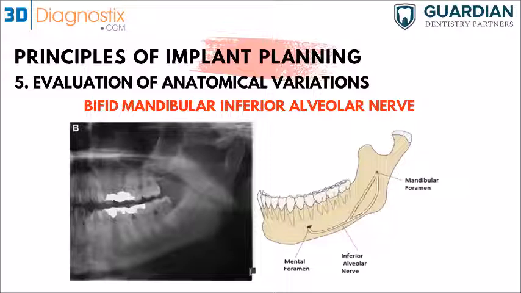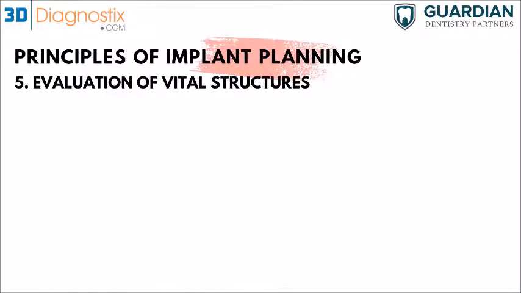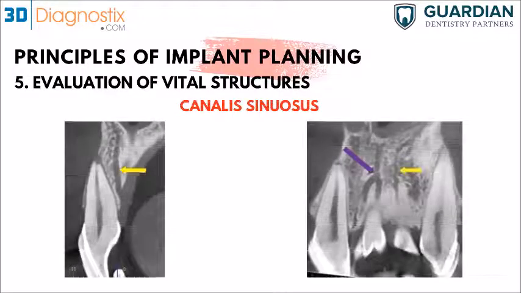And if we move on to the upper arch, we also have a variation called the canalis sinuosus. This is basically a neurovascular canal that extends from the infraorbital region medially to the canine region or the lateral incisor region. It's just really prominent.